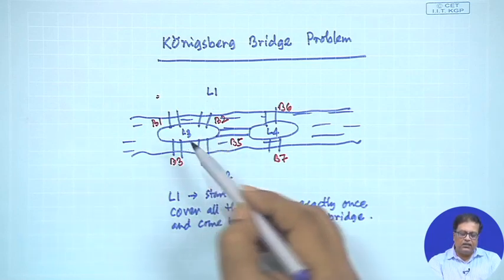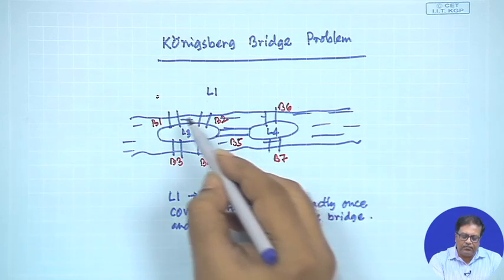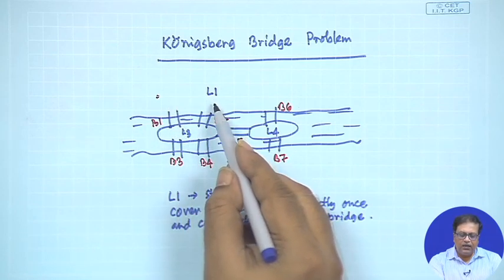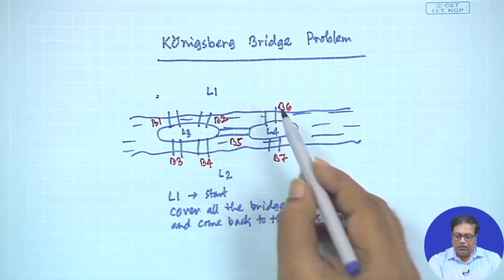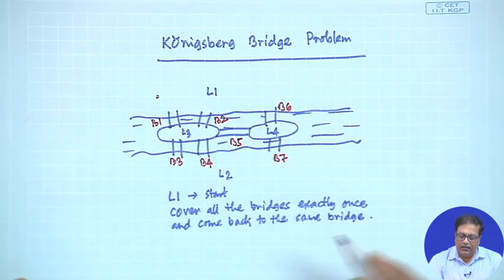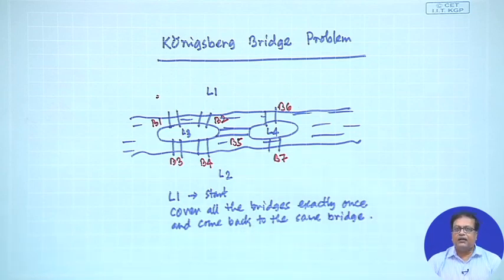So, you see, supposing we start from this particular bridge, come to L3, again come to L1. Now, you can come to a landmass more than once, right, but the bridges should be covered exactly once. Question is, is it possible or not possible, right?